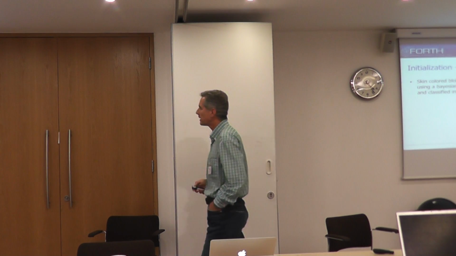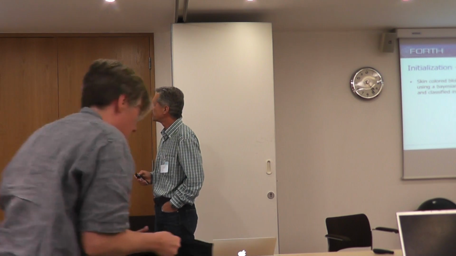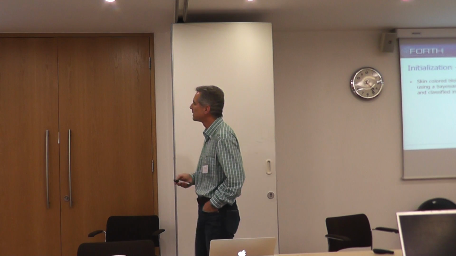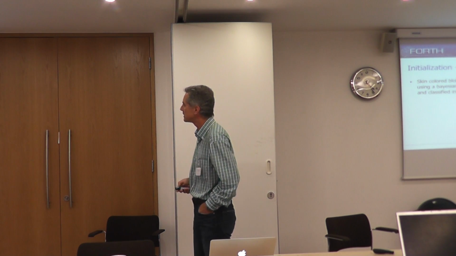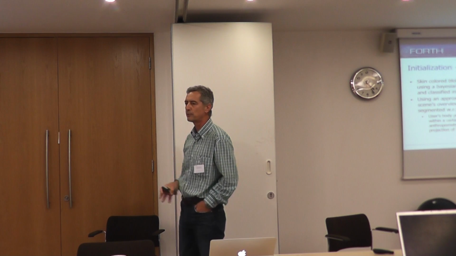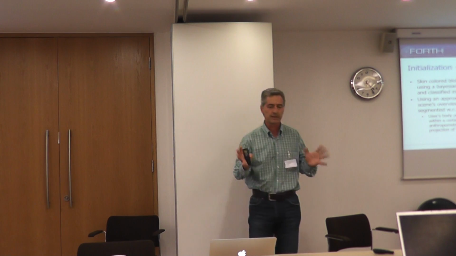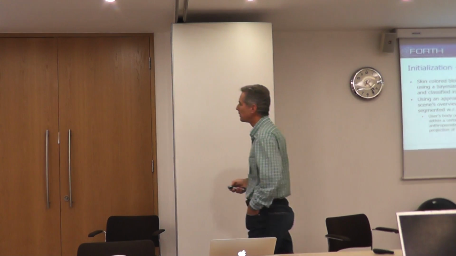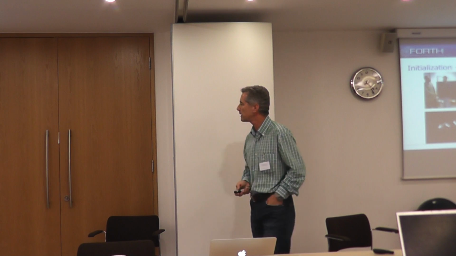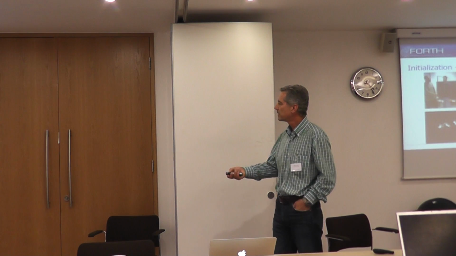Very briefly, how we proceed. The segmentation part is performed by detecting the faces of the users using a Bayesian skin color detector, and then by taking a reprojection from the top view, one can delineate areas where the users' bodies belong, and in these areas one can search for the point clouds that define the user bodies.